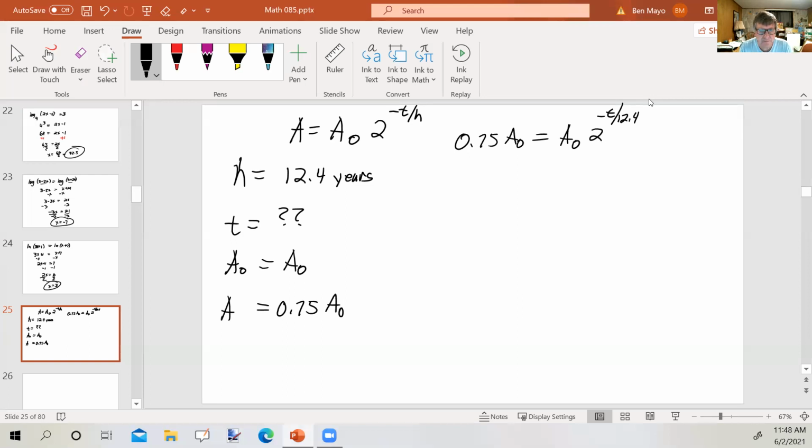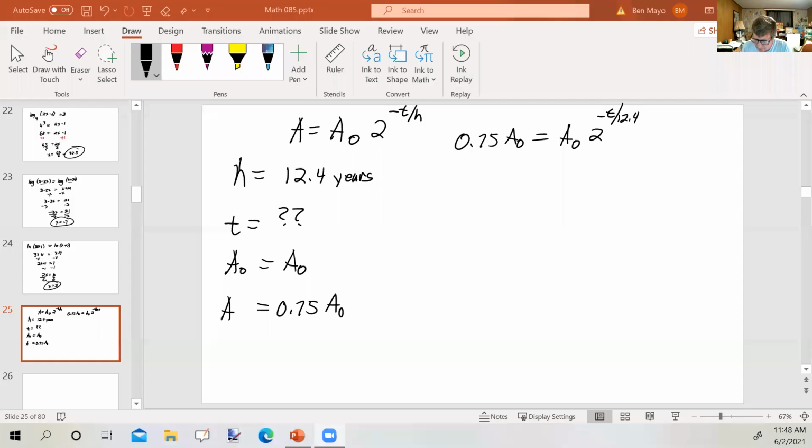All right. Let's see here. Now, I'm going to divide both sides by a sub 0. So I get 0.75 equals 2 to the negative t over 12.4 power. I can now change this into a logarithmic equation.